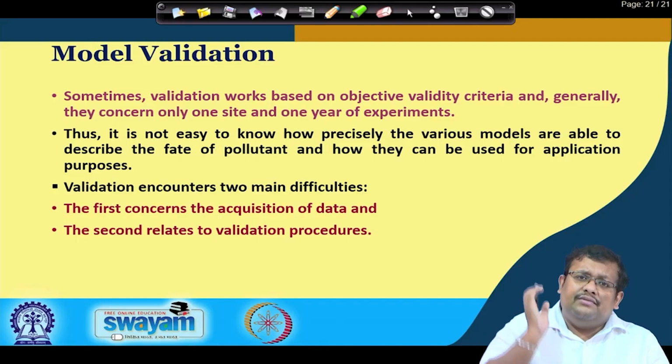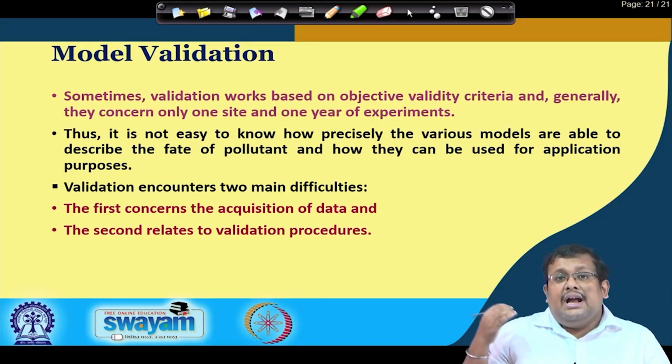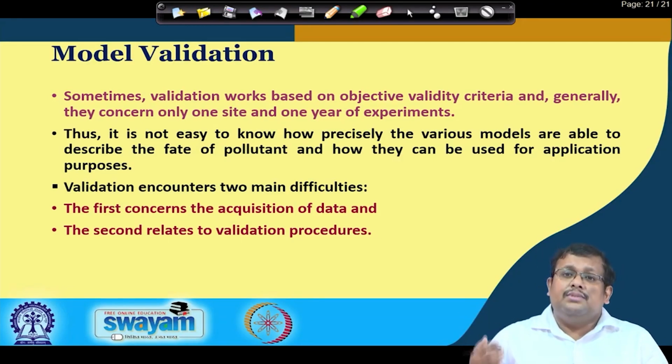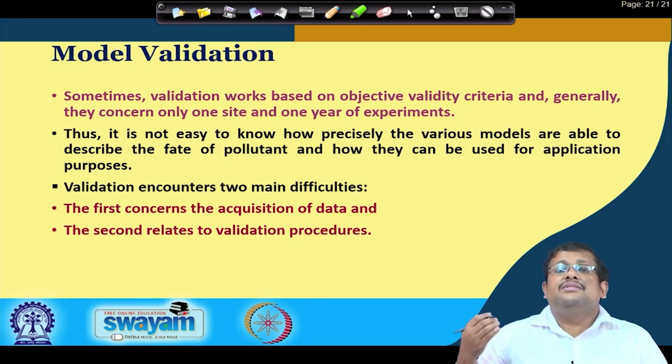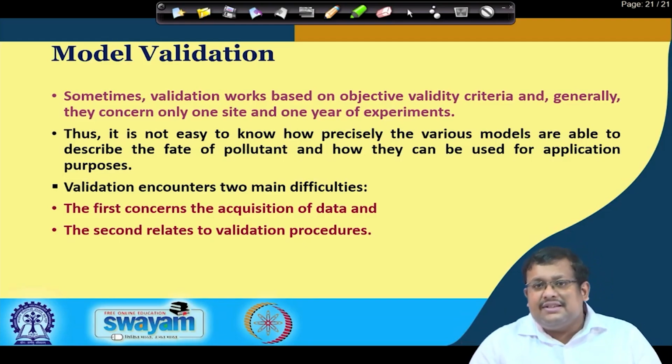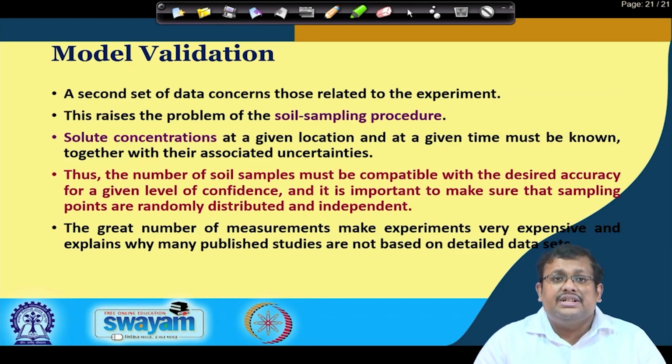Remember, in the validation process, the most difficult things are acquisition of the data and the validation procedure. Validation has some limitations also, because sometimes the validation data is limited and generally we do the validation based on only 1 year of experiments, which is insufficient. So, these are some of the inherent problems with model validation.